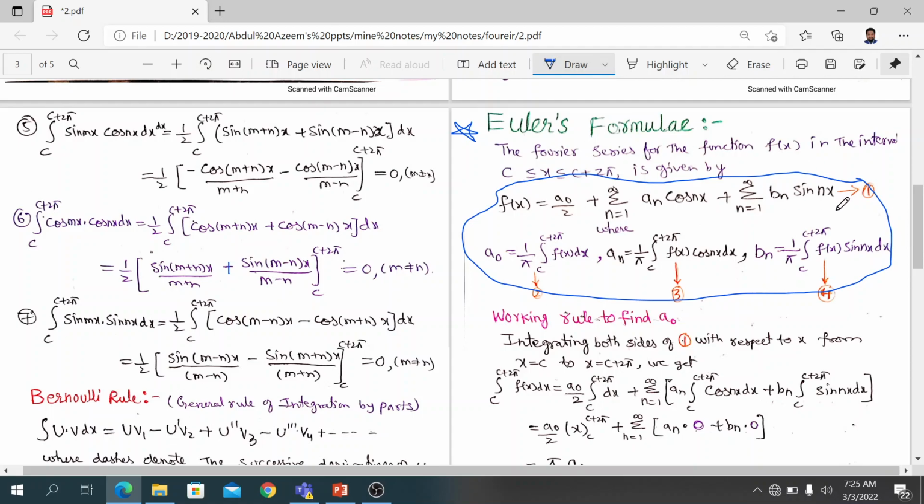Remember all these formulae: f of x, a naught, an and bn. For examination, these are very important. Now let us see the working rule to find these a naught, an, bn values. Mark these as first, second, third, fourth equations.